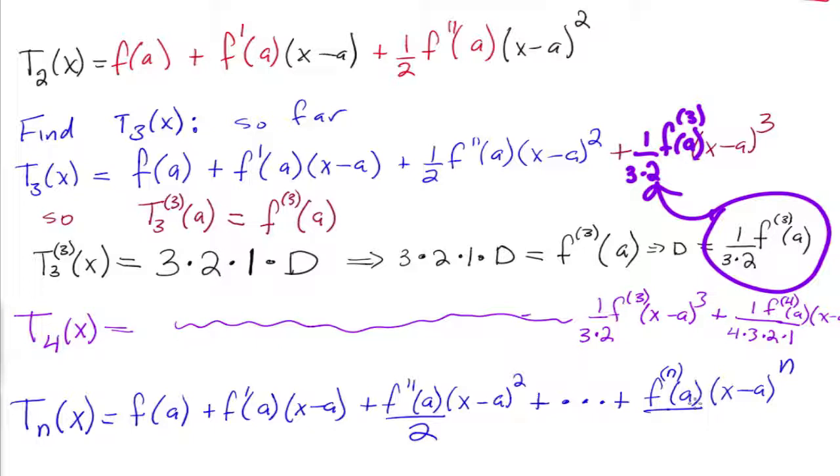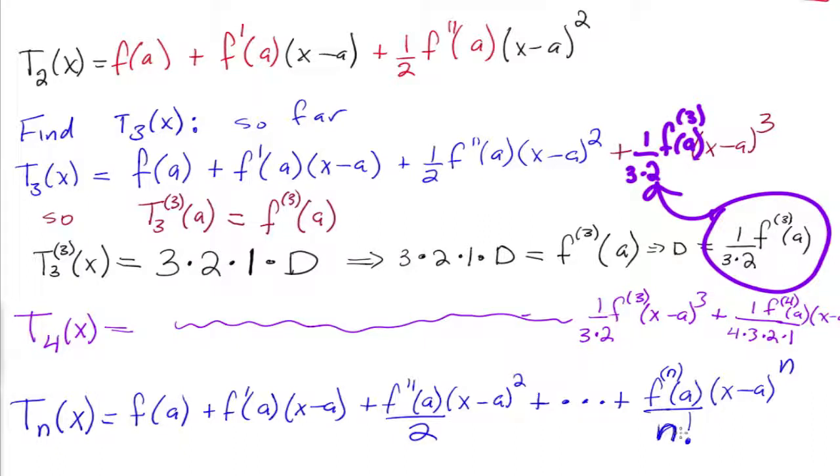Now, how do you express multiplying a number and all of the numbers smaller than it? What is it? Factorial, right? The exclamation mark. So this is called n factorial.